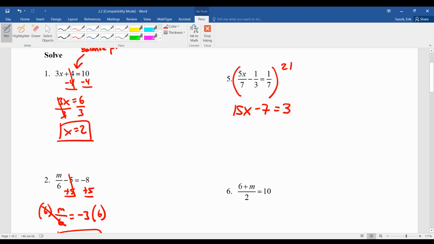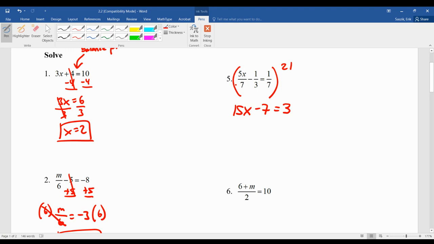Now, some of you might be more comfortable, but the work's a little bit harder, multiplying by the top. Watch, you get the same thing. If you multiply by the top first and then divide, 21 times 1 is 21. 21 divided by 7 is 3. 21 times 5 is going to be kind of a big number, right? It's going to be 105. But 105 divided by 7 is 15.